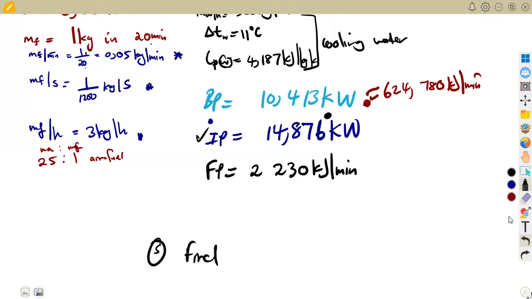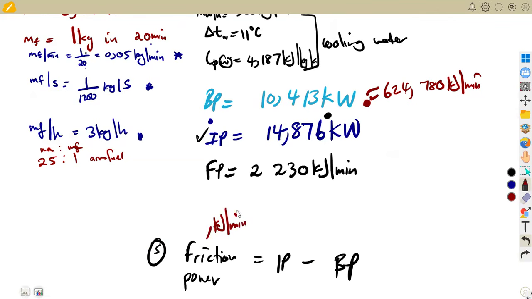Friction power is equivalent to the difference that we have, which is the indicated power minus the brake power. But since they need this in kilojoules per minute, it means our indicated power must be in kilojoules per minute.